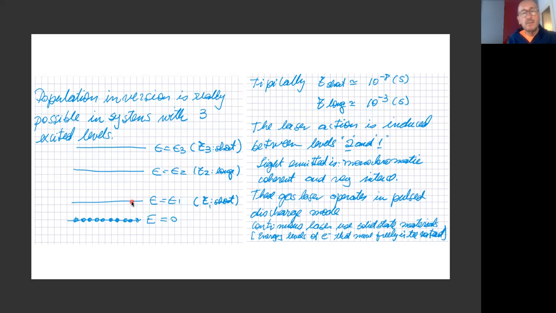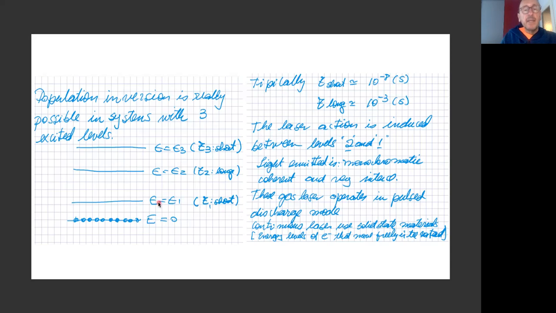Well, there are phenomena that actually induce this state to decay. If the lifetime of this state is very short, it means it will stay here for a very short time. How long will it stay? On average, T1 seconds.